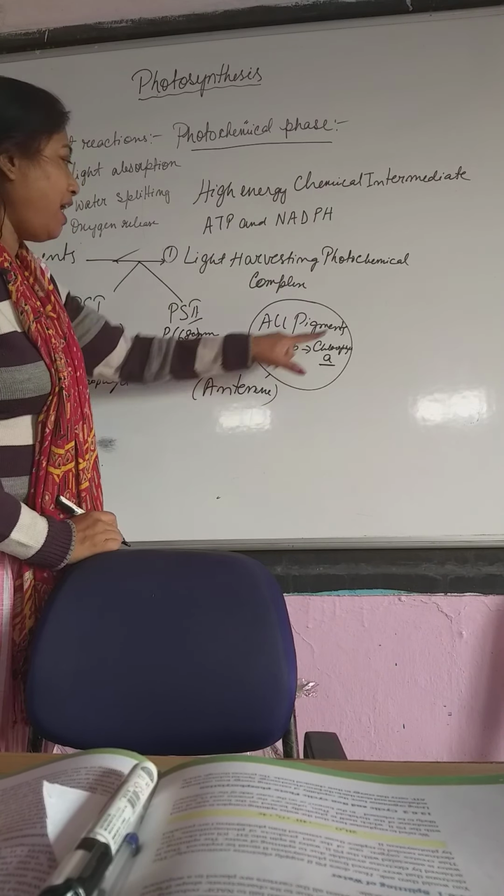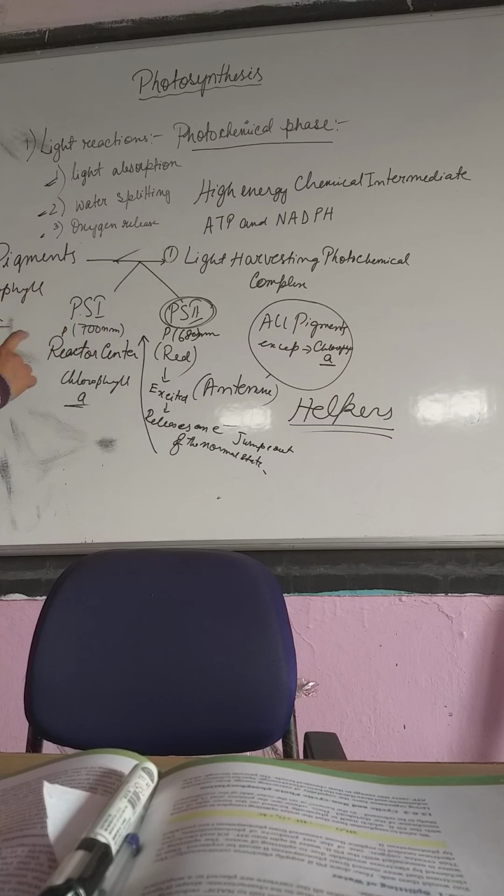Now this electron jumps out of the normal state, that means it is initiated at PS2. When it gets excited, it moves uphill. Uphill means against the potential gradient.